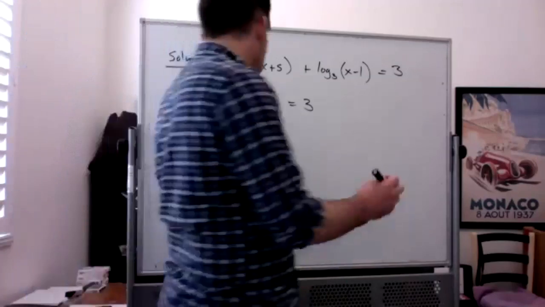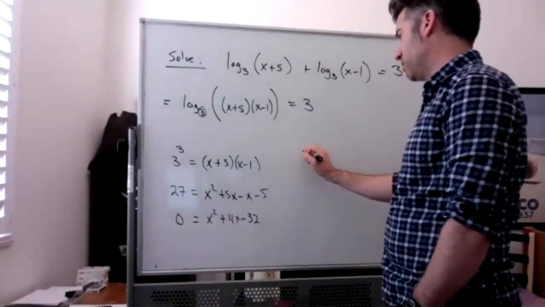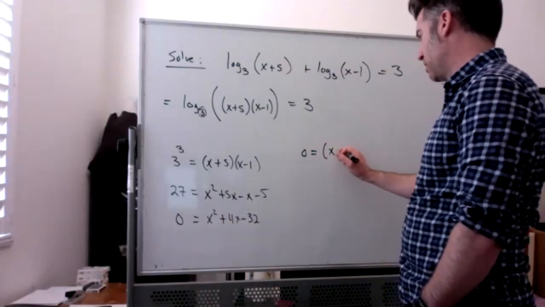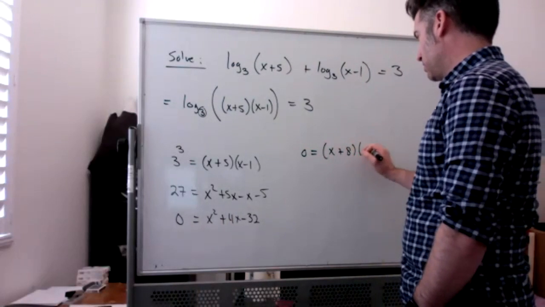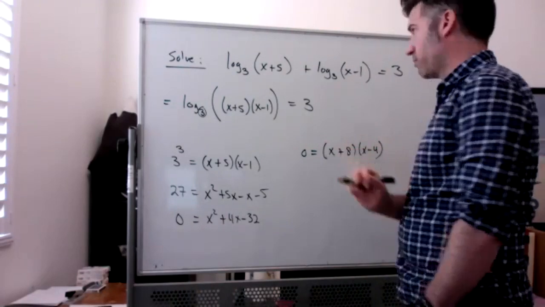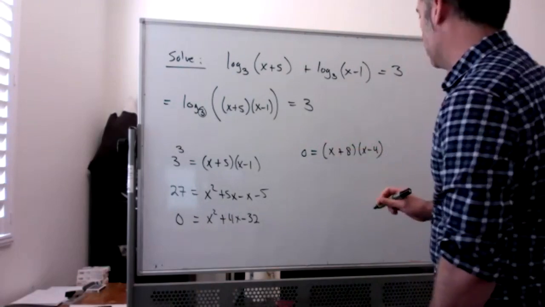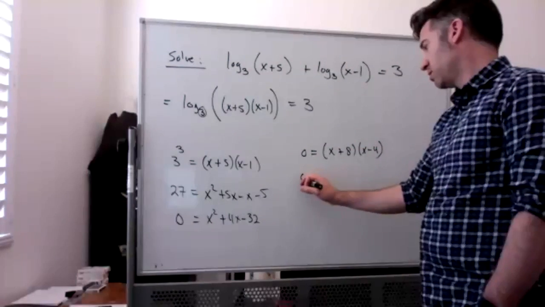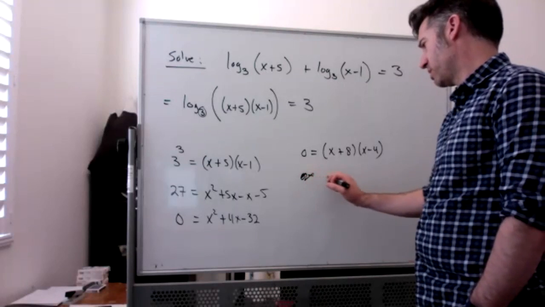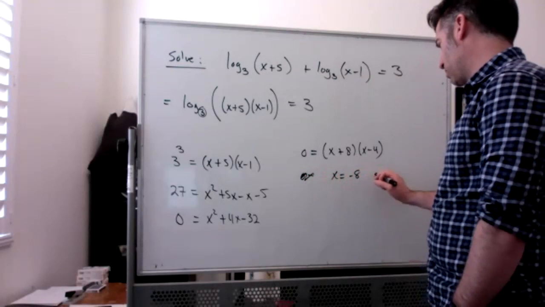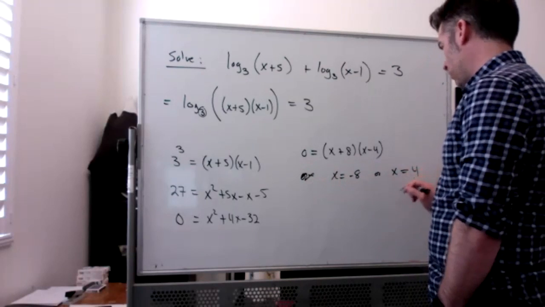This does factor. It factors as 0 equal to x plus 8 times x minus 4. And so in this case, we get x equals negative 8 or x equal to positive 4.